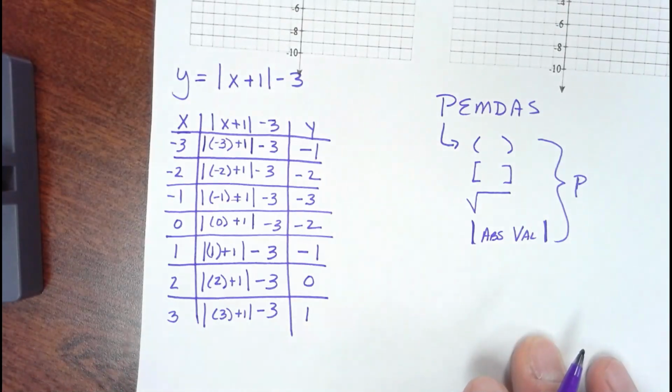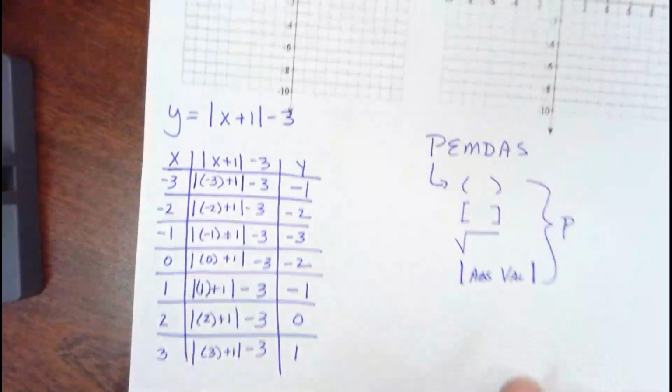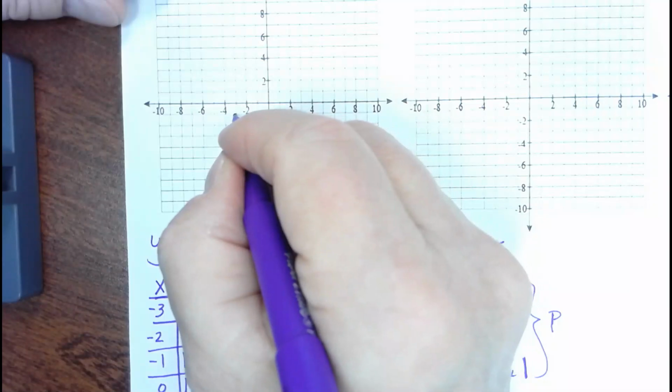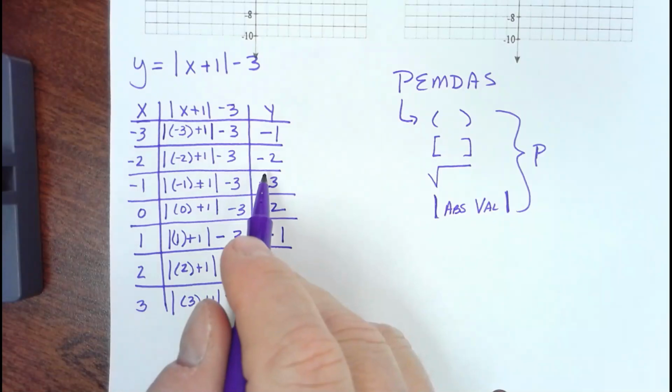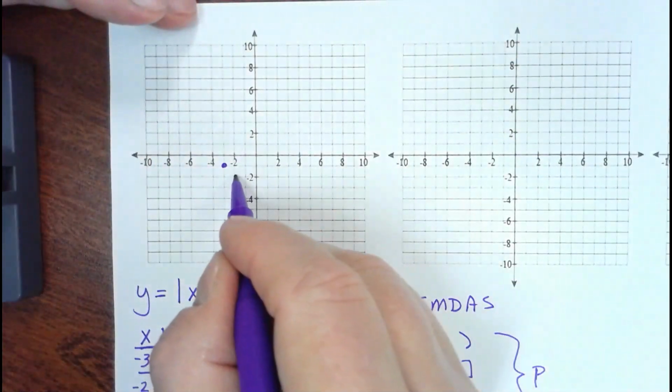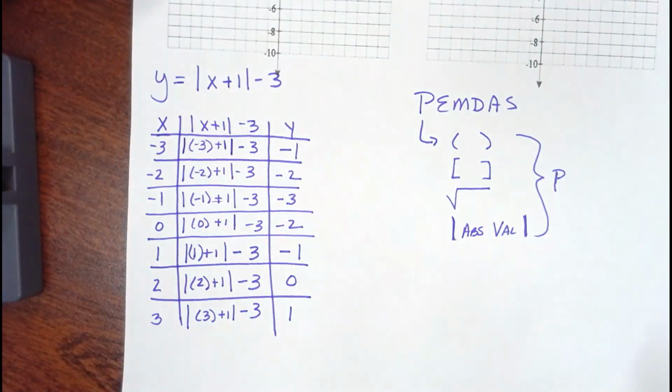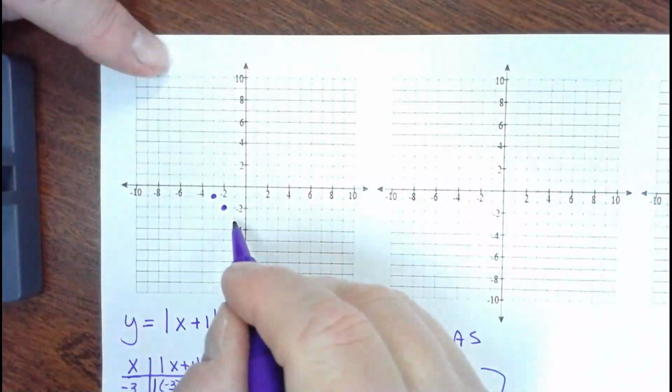So now I get to graph all of these. I have negative 3, negative 1. I have negative 2, negative 2. I have negative 1, negative 3.